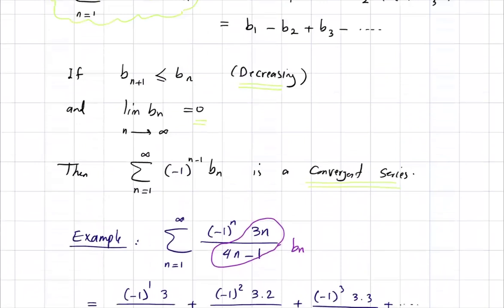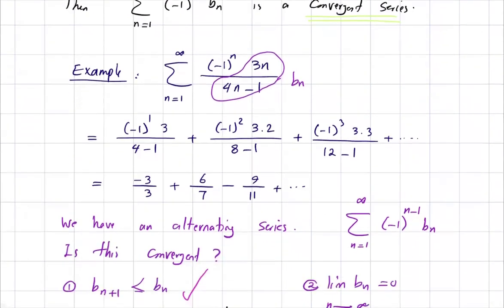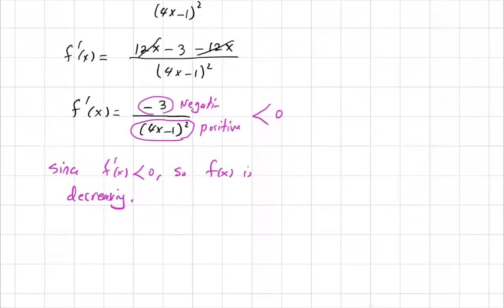So let's go back up here. Even though you have an alternating series, this doesn't satisfy the condition for being convergent. This is a divergent series. So when you see questions like this, be careful.